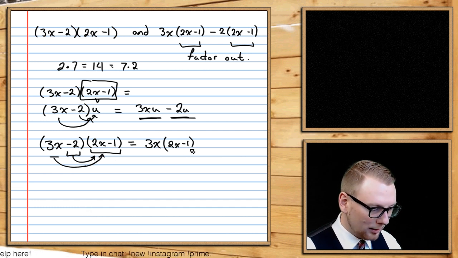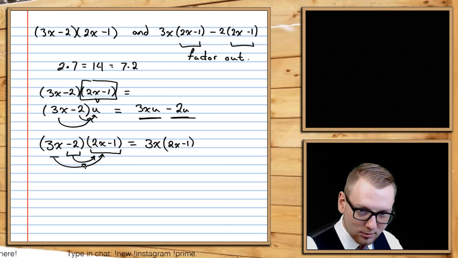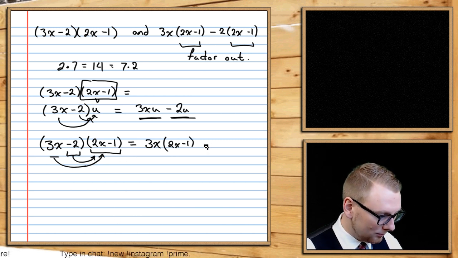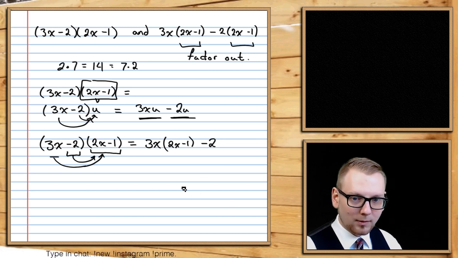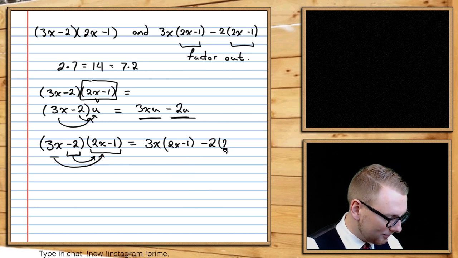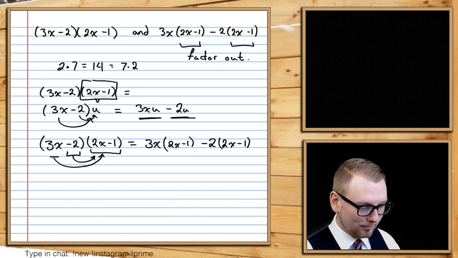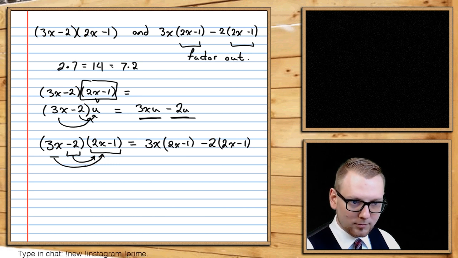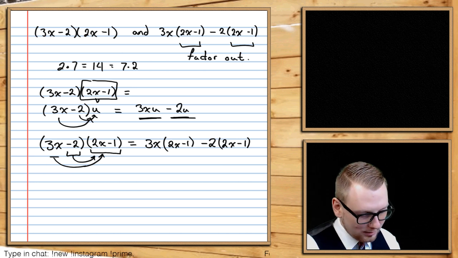So we had the 3x times 2x minus 1. Now we have minus 2. Yeah, there you go. So you don't try and multiply everything out. Write down each step.